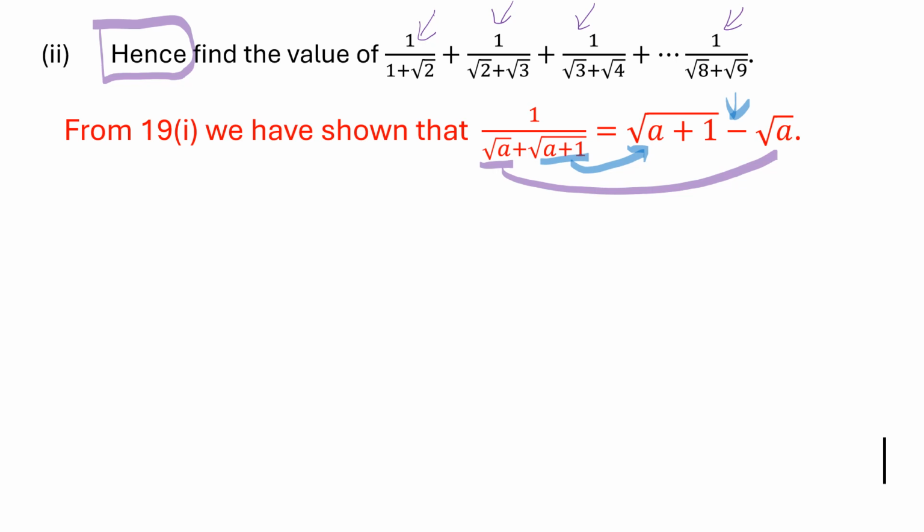So in other words, let's try to express this in the form that we have found earlier on. The second guy, square root 2, will become the first guy, minus, then the first guy will become the second guy, right? And let's keep going.